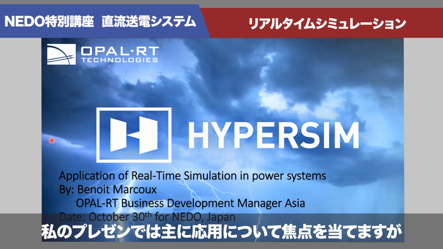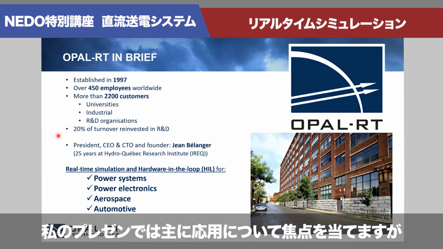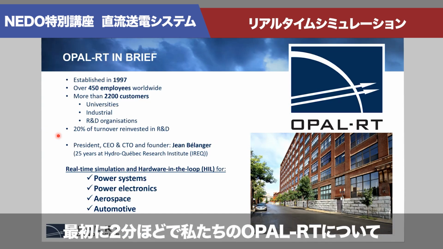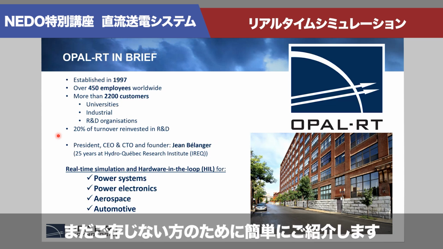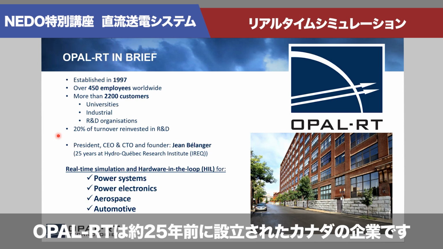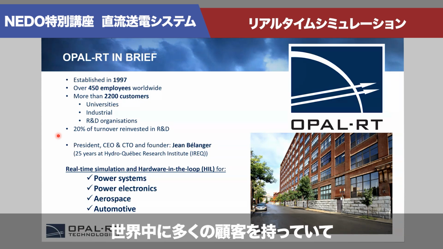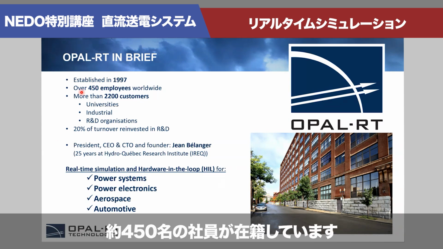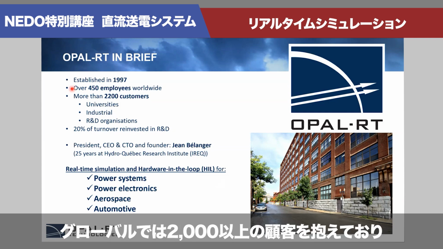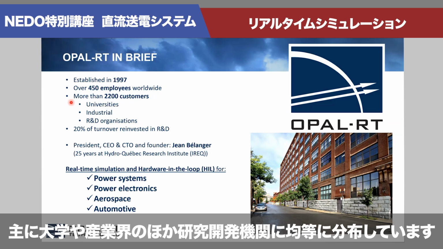So my presentation will focus on application, but just give me 2 minutes to introduce Opal RT for those of you who don't know us. Opal RT is about 25 years old, and we are from Canada. We have many customers worldwide, a company of about 450 people. Worldwide, we have more than 2,000 customers, pretty much evenly divided in universities, industries, and R&D organizations.